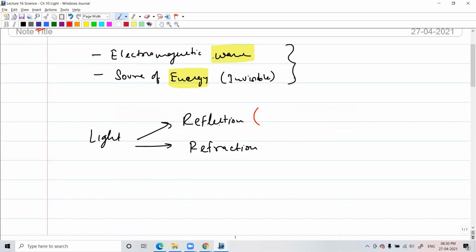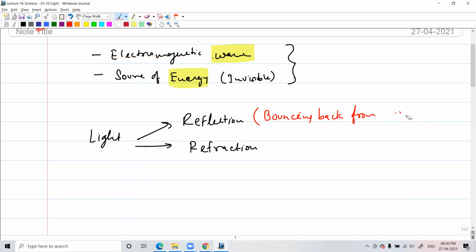Okay. So reflection. What did you say? Repeat again. Bouncing back of light when it strikes a polished surface like mirror. So bouncing back from polished surfaces.